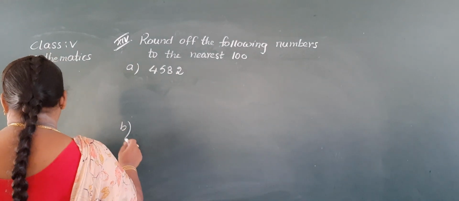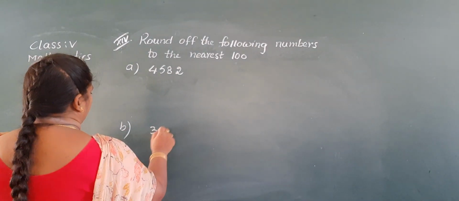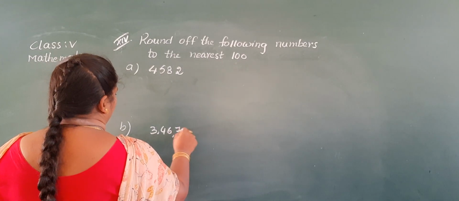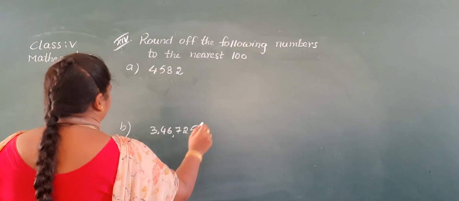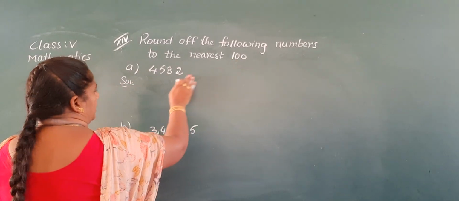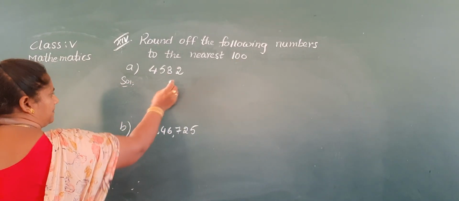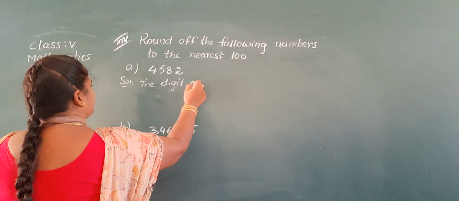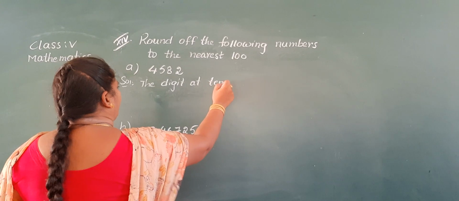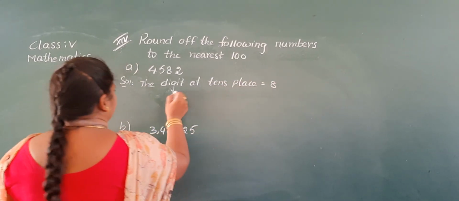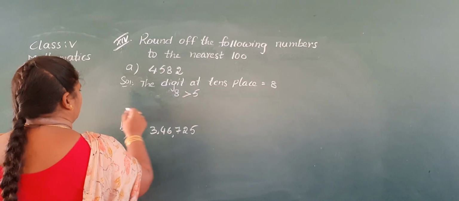And B. 3,46,725. So they're asking 100, so you see the digit at the tens place. So the digit at tens place, eight is greater than 5.